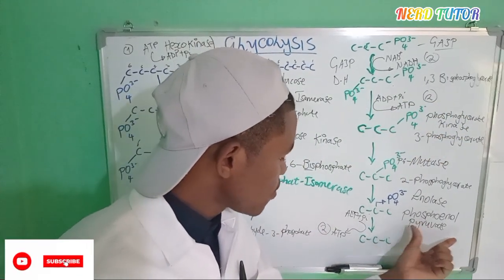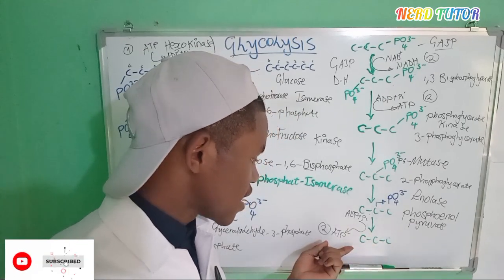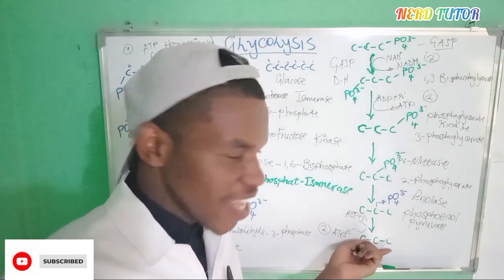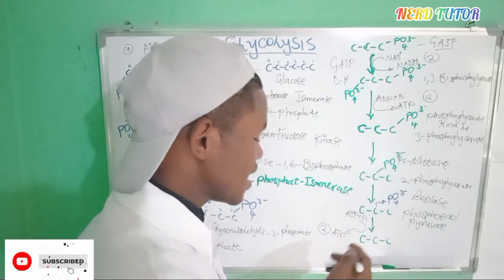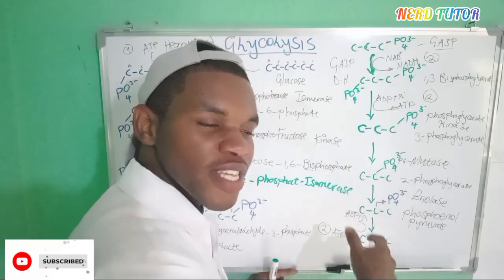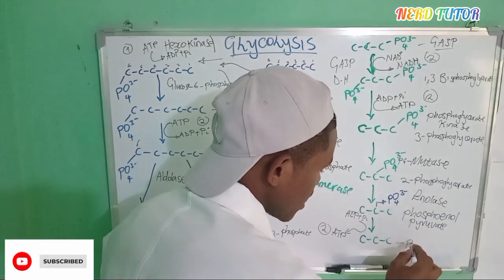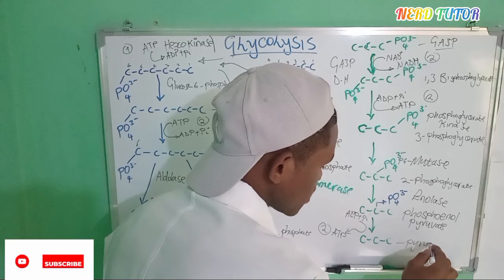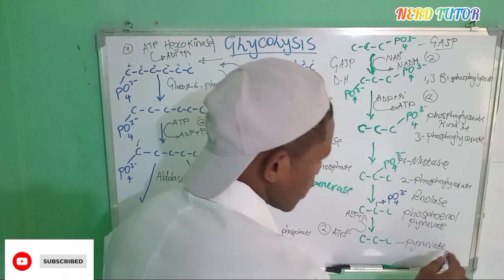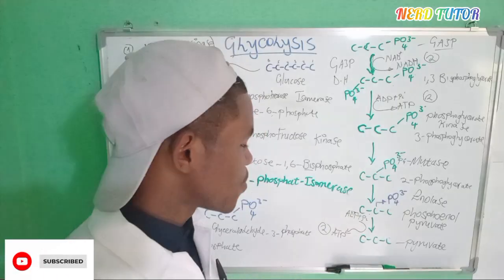So now let's come back here. The phosphoenolpyruvate is losing a phosphate and becoming a pyruvate. So this is the fate of glucose, producing a pyruvate and in the process making the ATP. So this molecule we are going to call pyruvate. It doesn't have a phosphate group. Where has it gone?